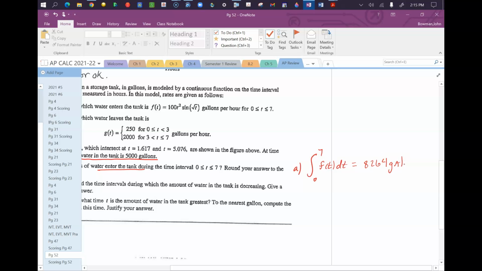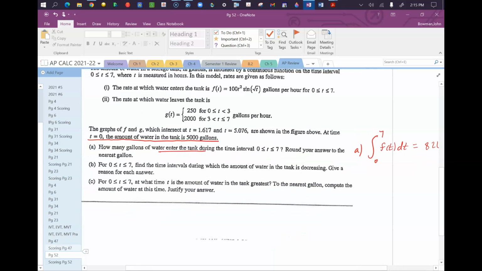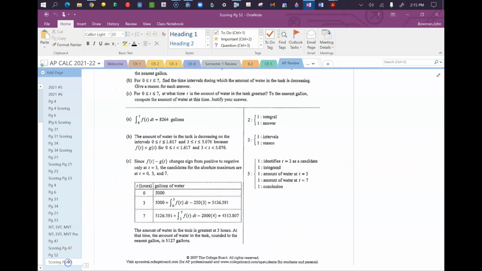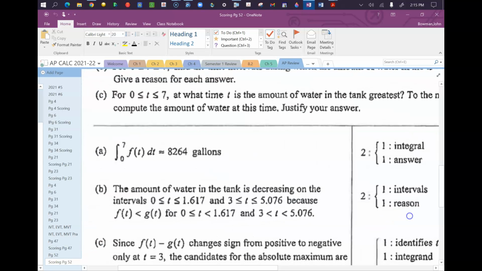Again, to the nearest gallon, so you don't have to round to 3 decimal places. Let's take a look and see how they score that. 1 point for the integral and 1 point for the answer. So even though you're using your calculator to do this, you still have to show what you're doing.